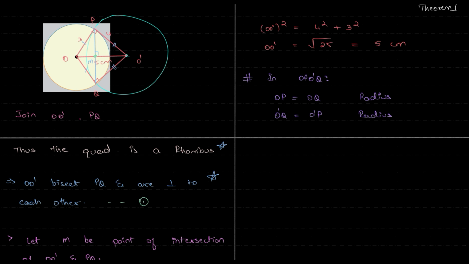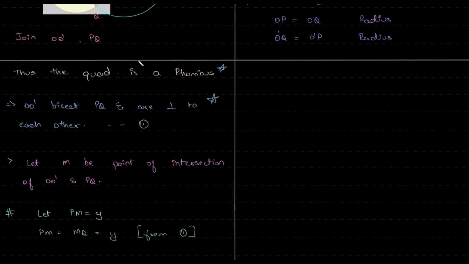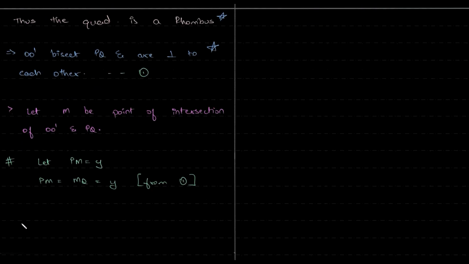This is Y and that's Y. Next we have OM to be, if it's equal to X, then M O dash is equal to 5 minus X. Let OM be equal to X. So we have OM dash, which is equal to OO dash minus OM, is equal to 5 minus x.